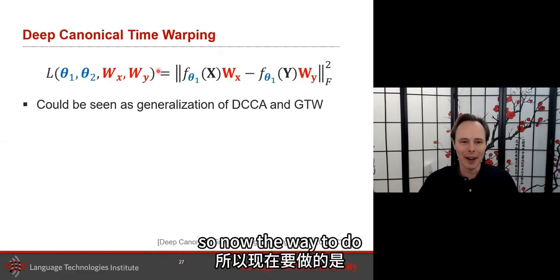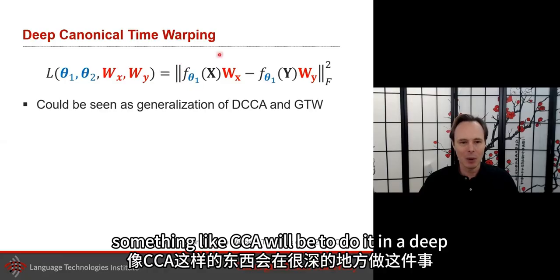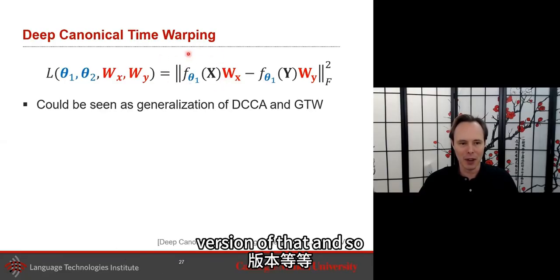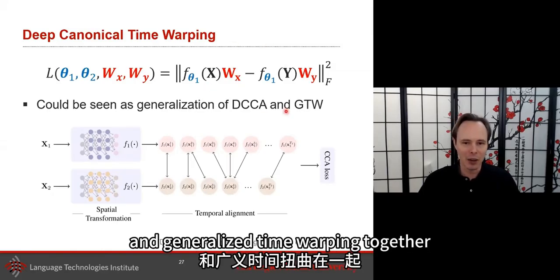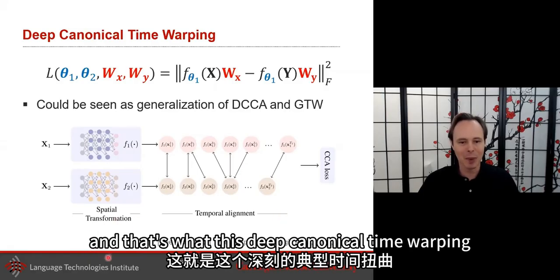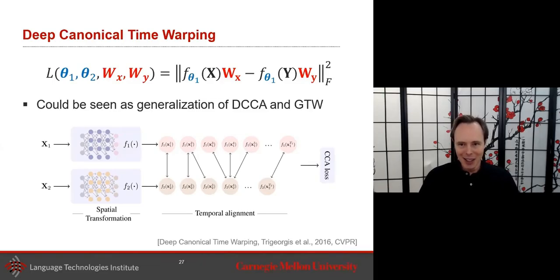The way to do something like CCA would be to do it in a deep version of that. So it can be seen as both a generalization of deep CCA and generalized time warping together. And that's what deep canonical time warping explores.